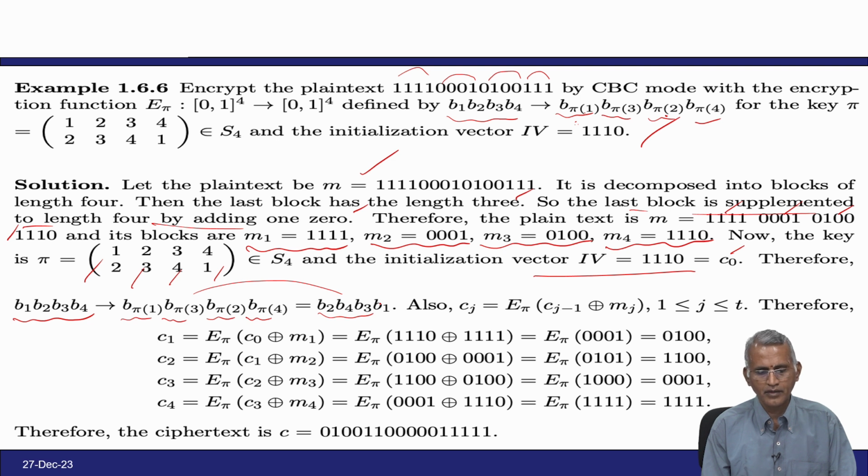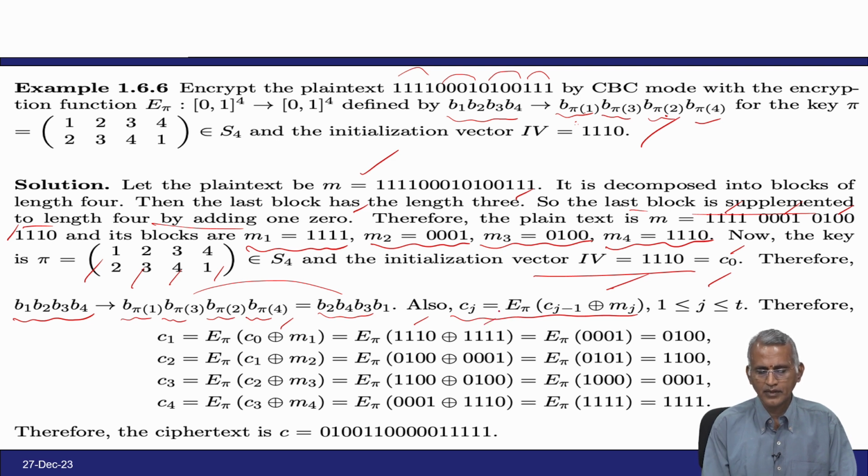Now, keep in mind that Cj is nothing but the formula E suffix pi of Cj minus 1 XOR Mj, where j varies from 1 to t. Therefore, C1 is E pi of C0 XOR M1, which is E pi of 1110 XOR 0001, that is M1.